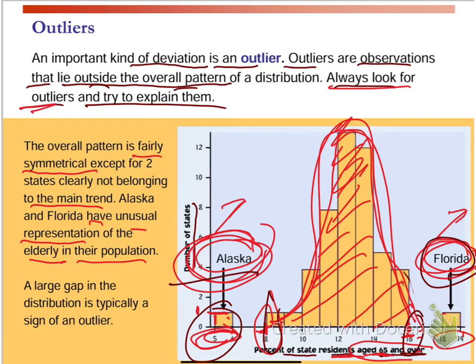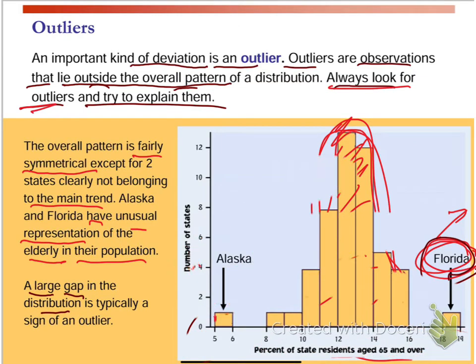So they are unusual compared to the whole population. Always when we find a large gap in the distribution, this gives us an indication that we have an outlier. So here I have a gap. If I erase this one, you can see the gap.